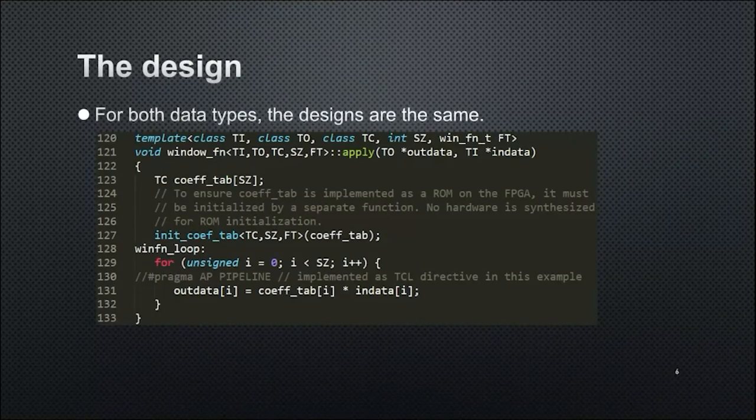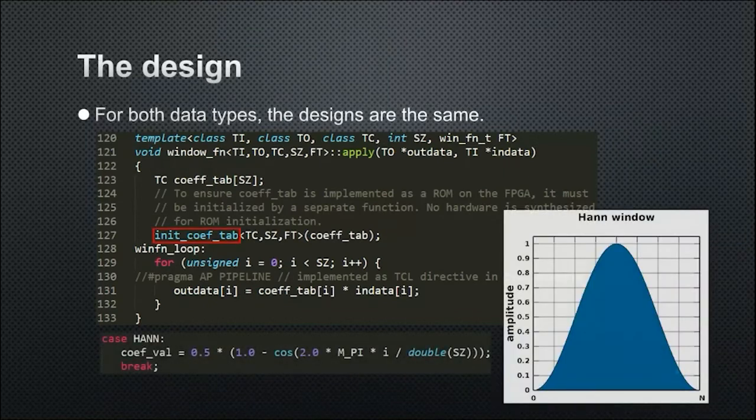Okay, so next I will show the kernel design for this tutorial. First, we will compute some coefficients. In the example later, we compute the coefficients of a hann window.